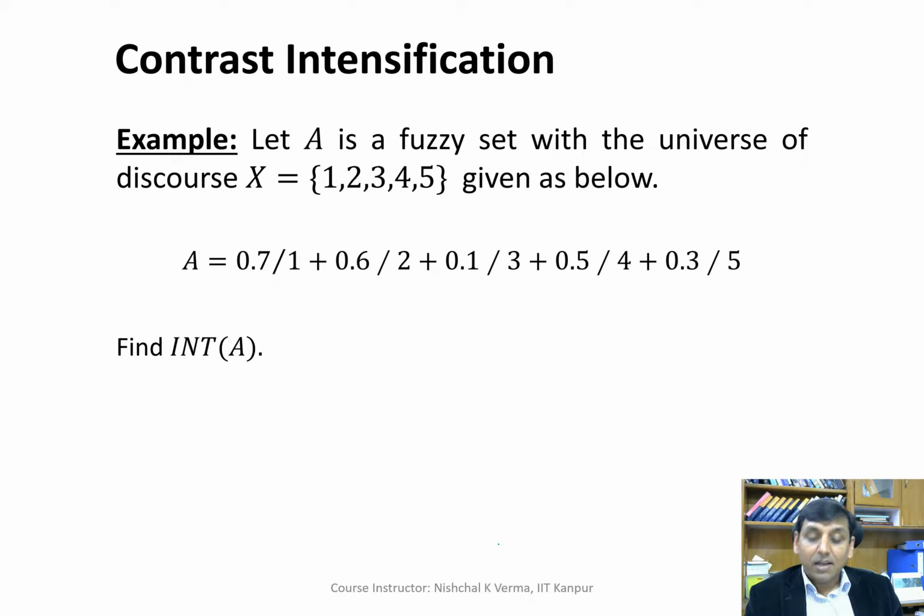So let us have one example of a discrete fuzzy set to understand the contrast intensification better. Here we are taking an example where we have a fuzzy set A, which is of course a linguistic value, with the universe of discourse defined here as 1, 2, 3, 4 and 5.